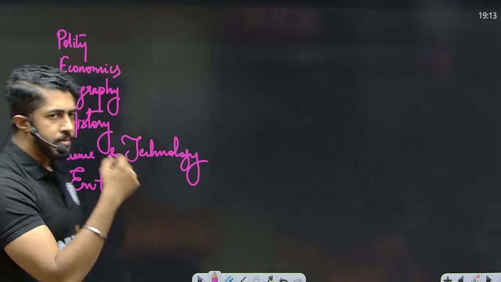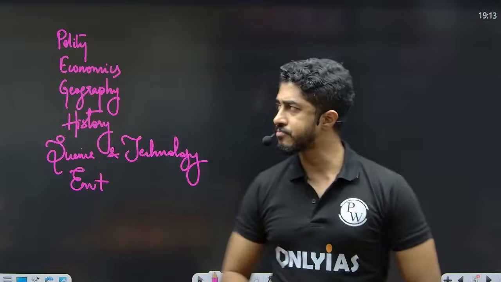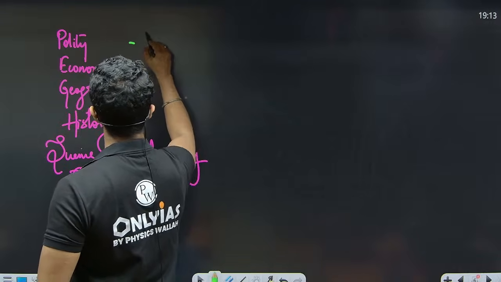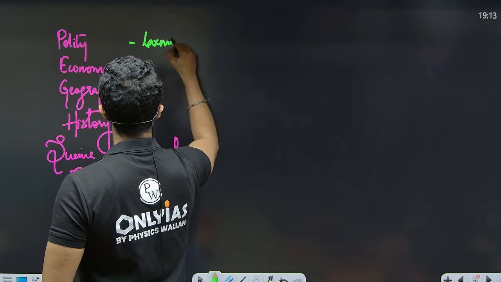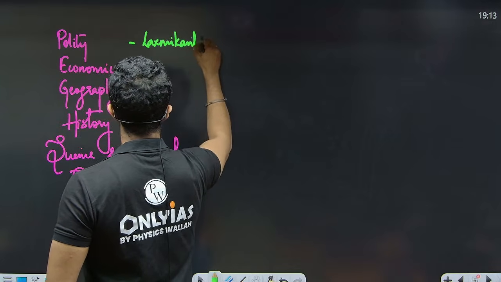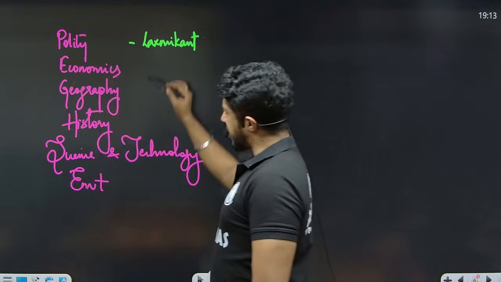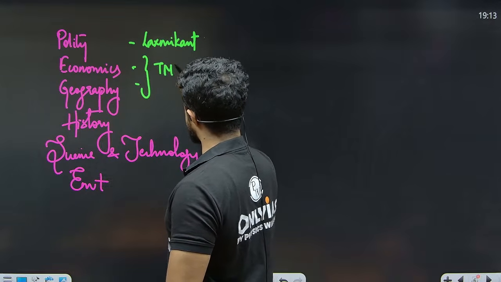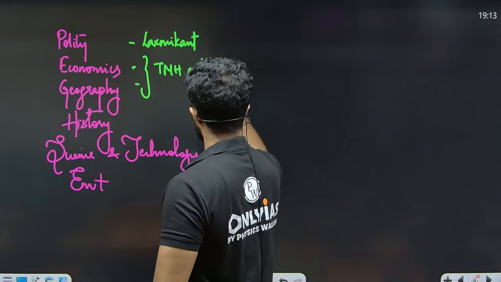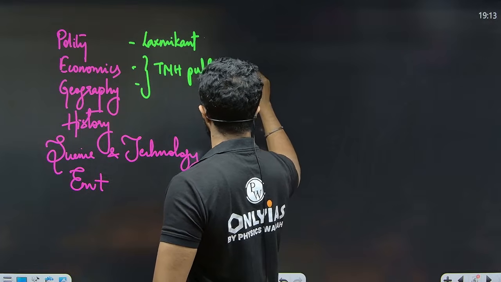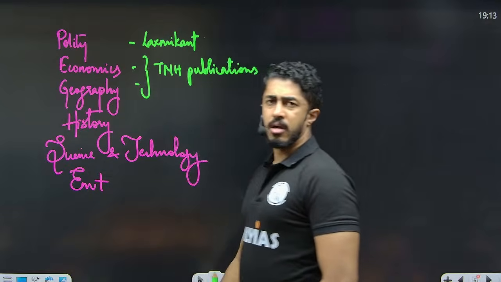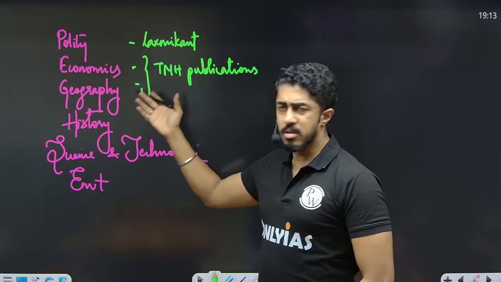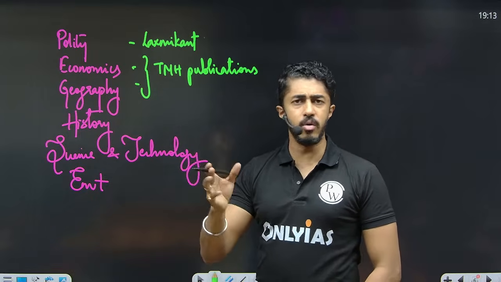These are some of the major subjects. Polity, as you know, the standard book for its preparation is Lakshmikant. Be it for economics and geography also, you can go for TMH publication. TMH publications books are there. You may visit Amazon, find out about those books. Whichever one is having a good review, you may pick it up.